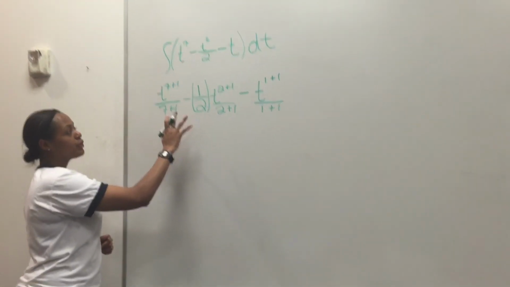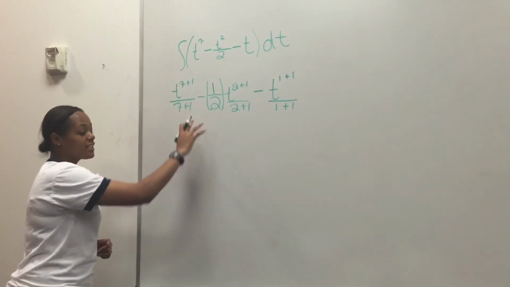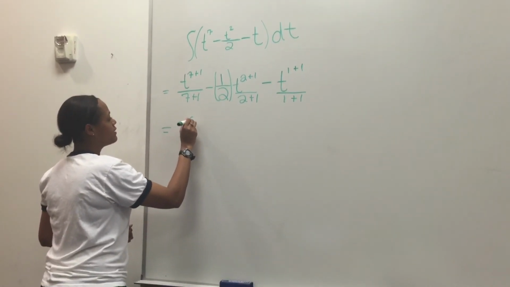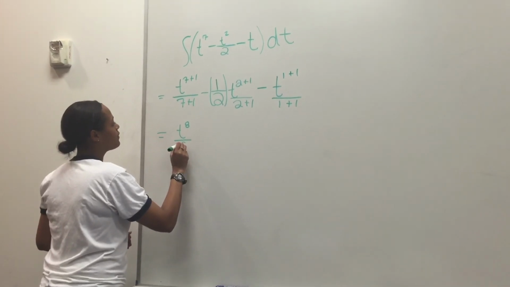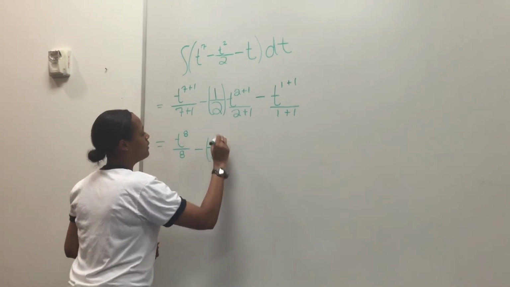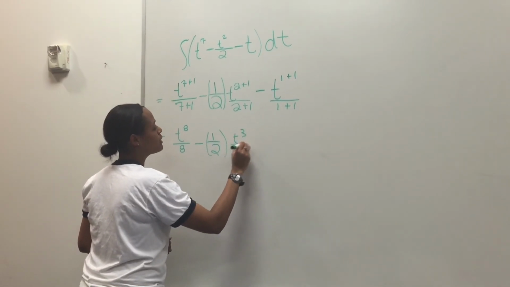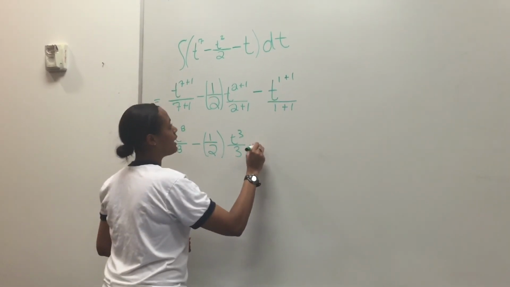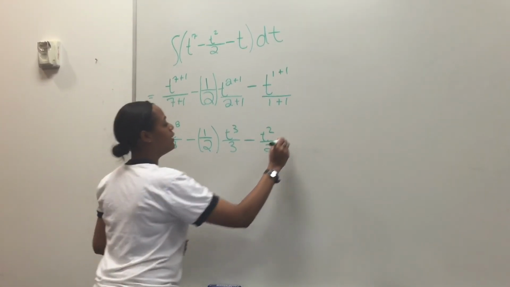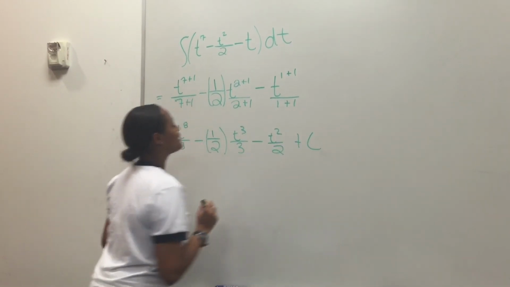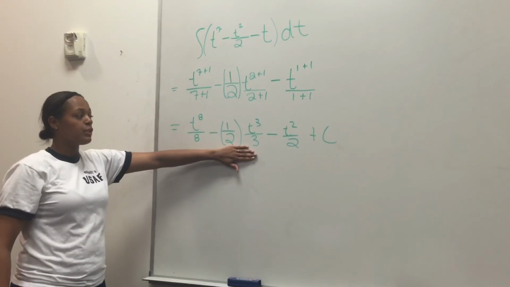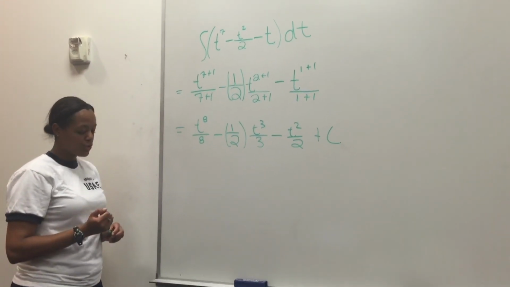And this is what you will have to simplify to equal t to the 8th over 8 minus 1/2 t cubed over 3 minus t squared over 2. And then of course you always need your plus c. Now, depending upon your teacher, you may have to simplify this area, so make sure you understand if your teacher wants you to simplify it.